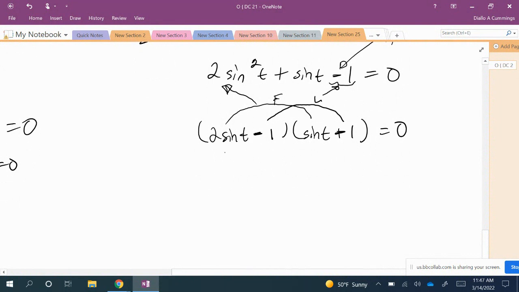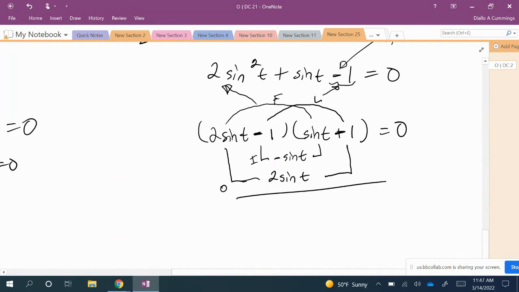If I take my outermost terms, 2 sine t times 1 is 2 sine t. Those are the outermost. If I take my innermost terms, negative 1 times the sine of t is negative sine t.